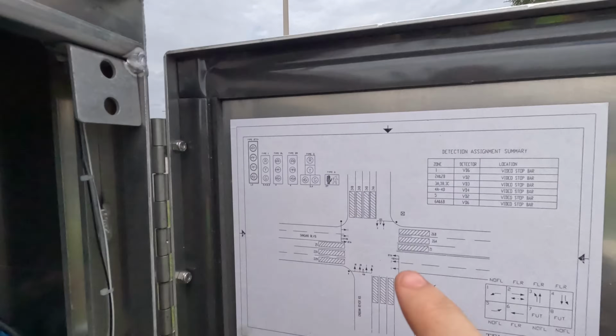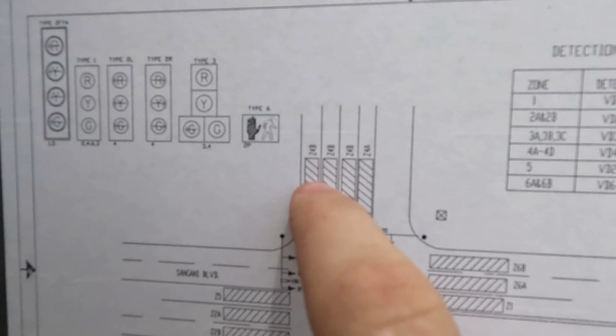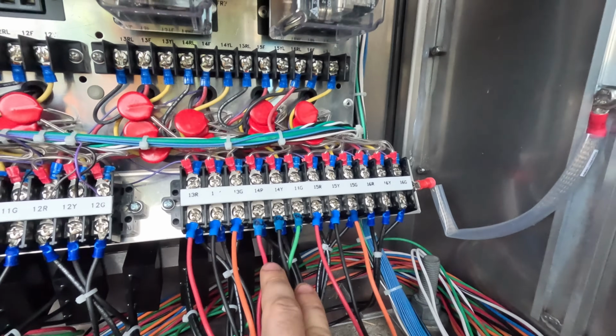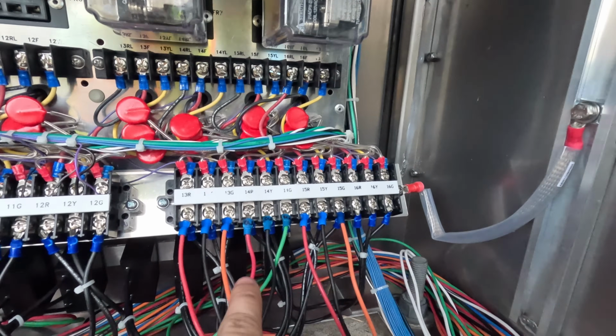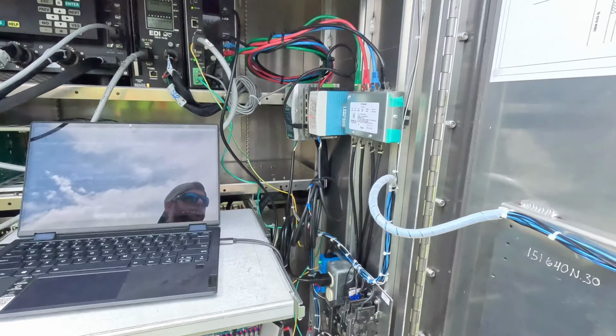So as it says on the door sticker, you got phase 4, but you actually have overlap B, and that will land down here on 14 R, Y, and G. That's our overlap B. The other overlaps are those flashing yellow arrows.